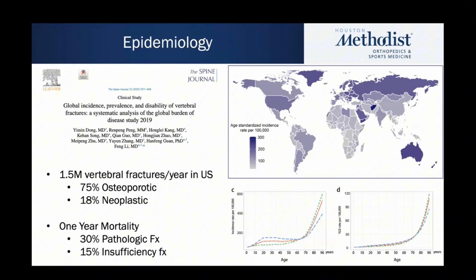When you have these patients who are at that age and you see a lot of compression fractures, it is certainly possible to attribute a vertebral fracture to a compression fracture when in fact it's pathologic. And even compression fractures have a significant 1-year mortality, but obviously a pathologic fracture is higher.